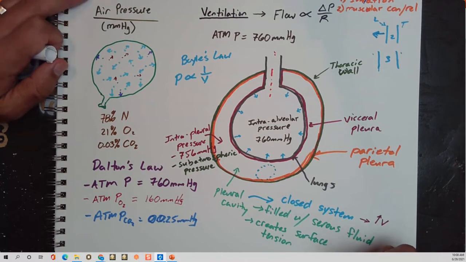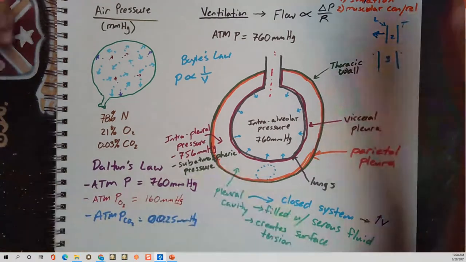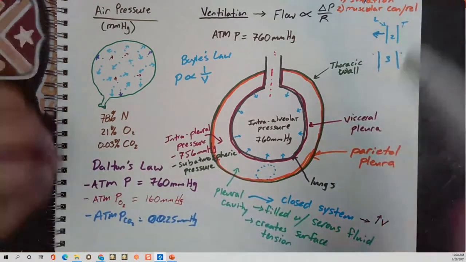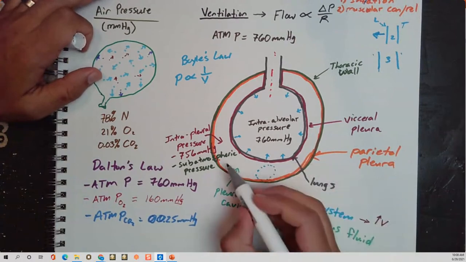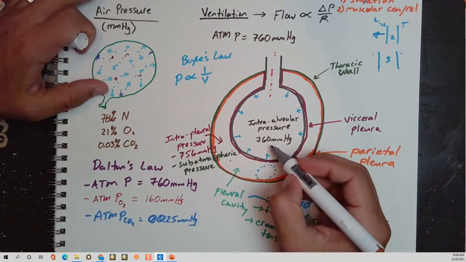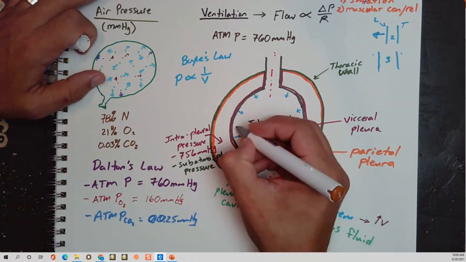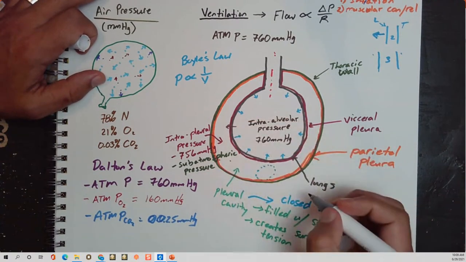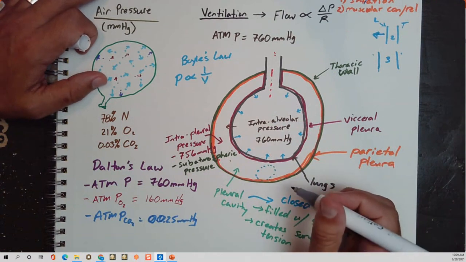All right, last but not least, where is everything in this universe trying to go? From an area of? Aha. So now we have a subatmospheric pressure in here. Where is this 760 millimeters of mercury going to try to go? Well, now it gets to push back as it tries to go to that 756, but can't because it's a closed system.